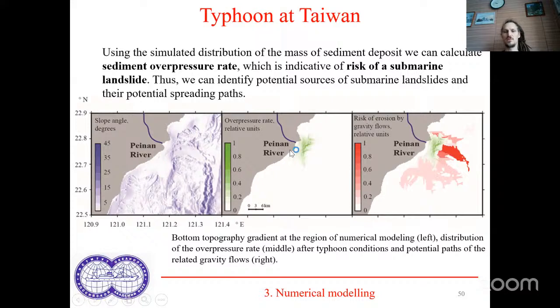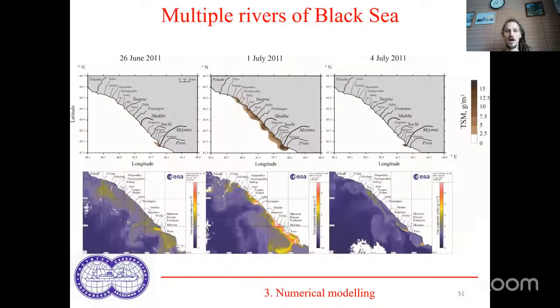On the right panel, you can see the green is the areas of formation of landslides, and red is the areas of possible propagation of landslides. This was performed by modeling river-borne sediments in the sea.